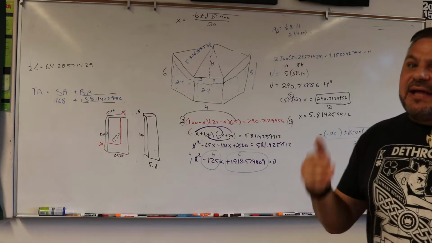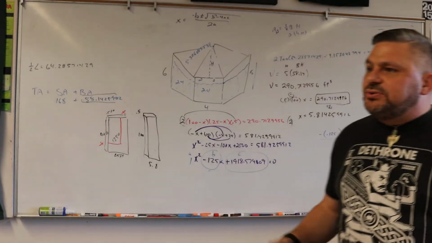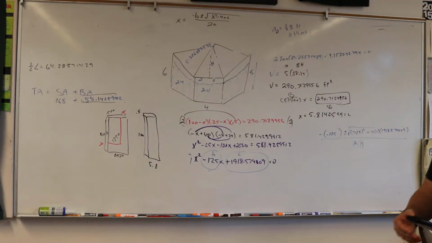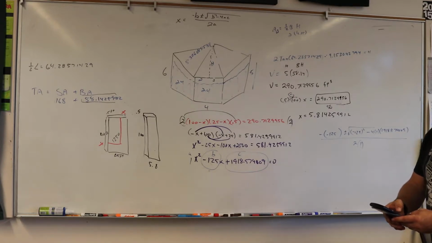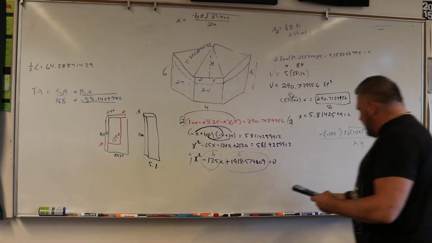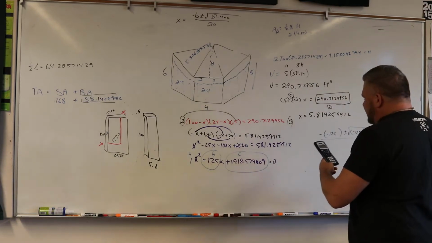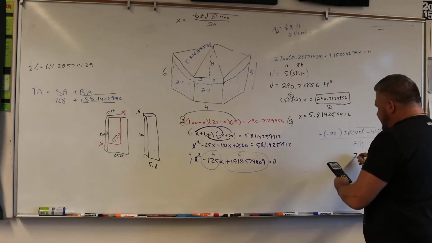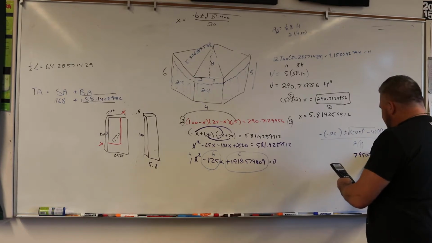And now we got to add that to 125 squared. So plus 125 squared equals, and we get, thank God, a positive number. We get 7,950.703965.